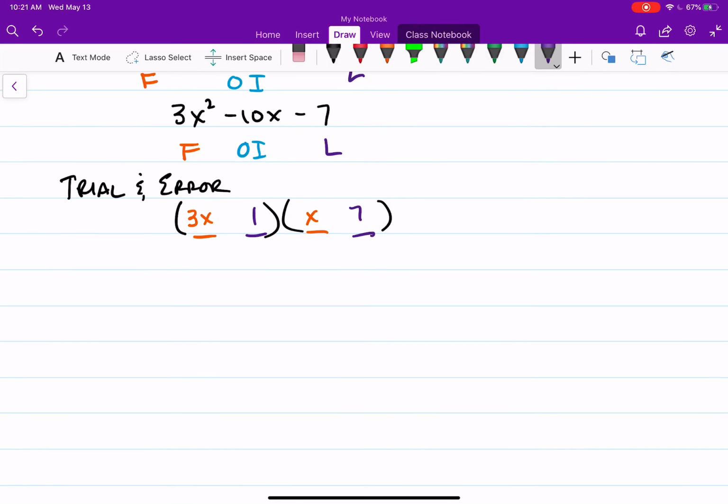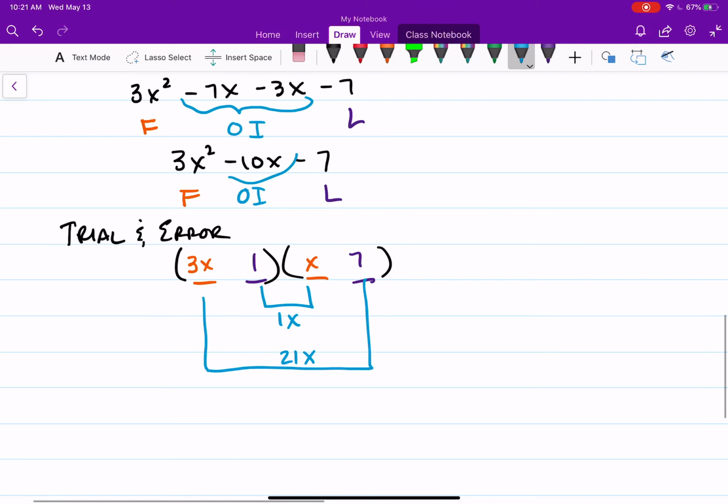So in order to see if this is right, what I want to do is take my outer and my inner, meaning I want to multiply my outer. 3x times 7 gives me a 21x. Inner is a 1x. 1 times x is 1x. Can I use 21x and 1x and somehow make negative 10x?